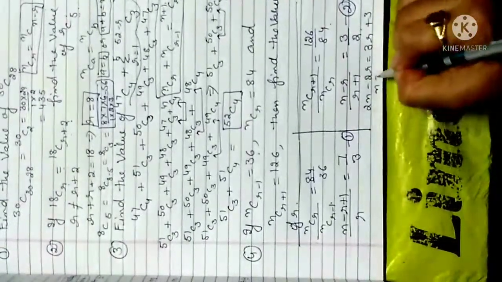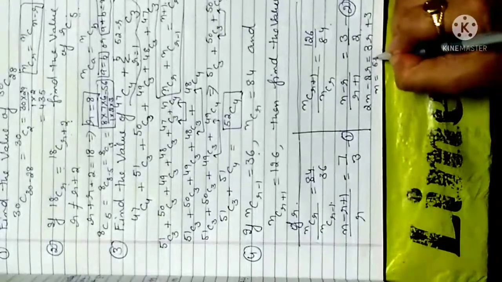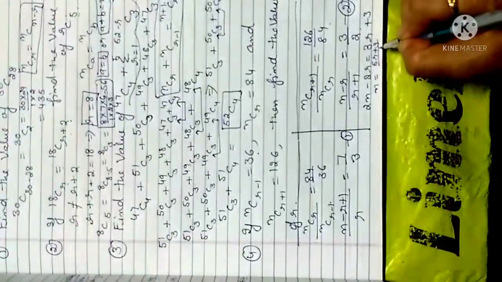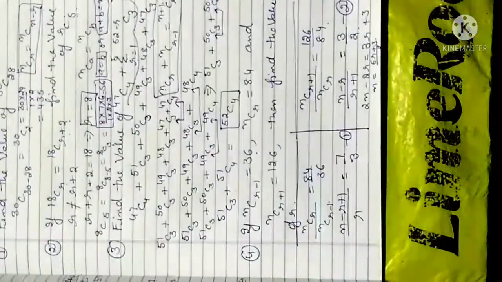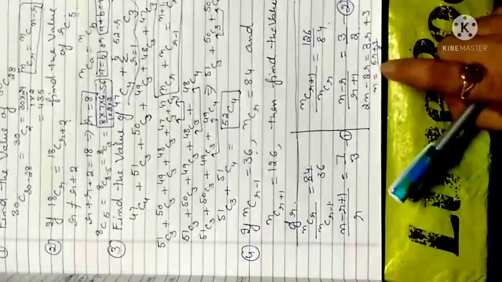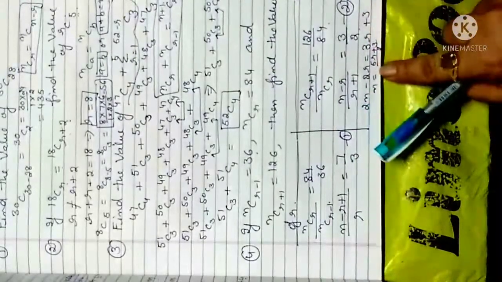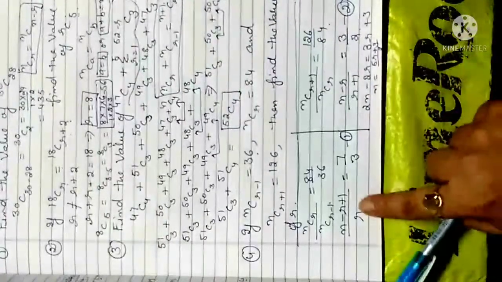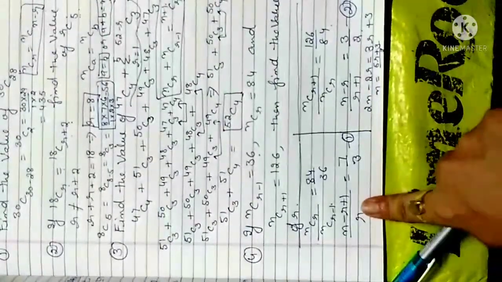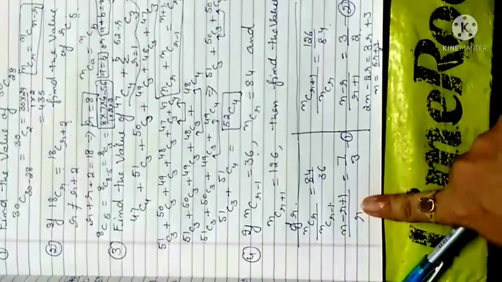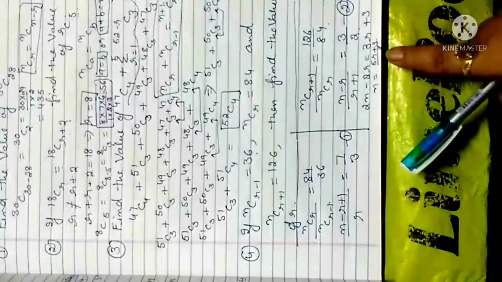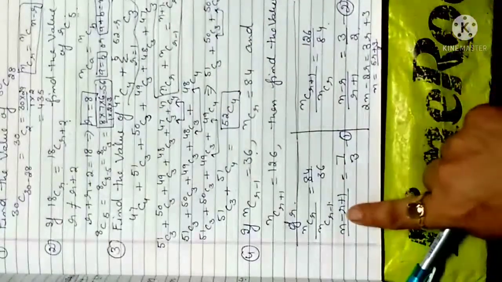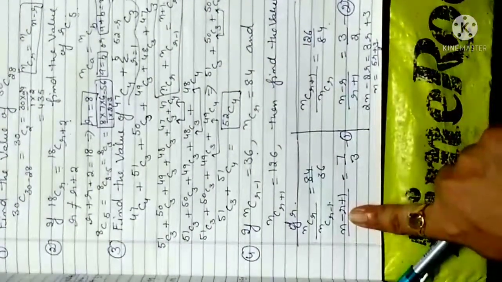You get N equal to 5R plus 3 by 2. Now you have to substitute this N value because there are two variables, and we can't find two variables in one single equation. So substitute this N value to find the R value.